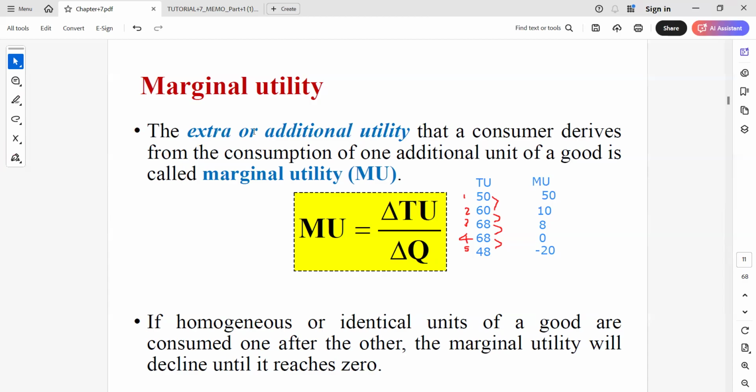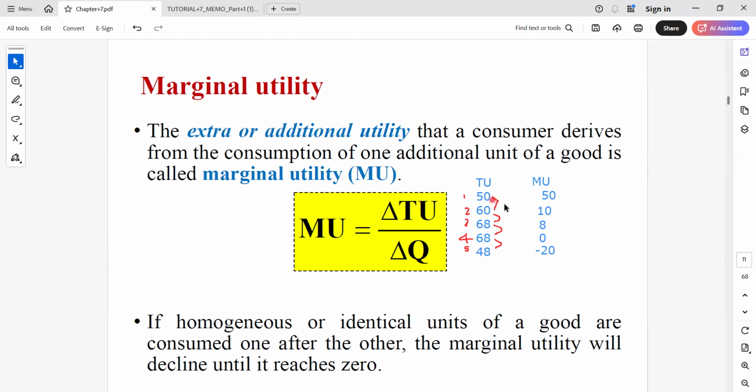So when you eat the first burger, your total utility is 50 and your marginal utility is 50. You consume your second burger, your total utility is 60, and the extra satisfaction that you get is now 10, which is your marginal utility.